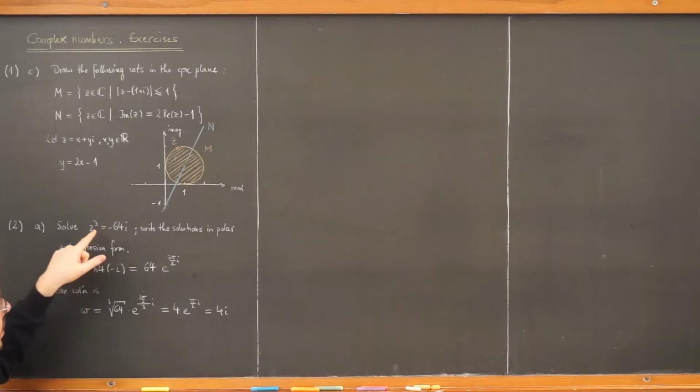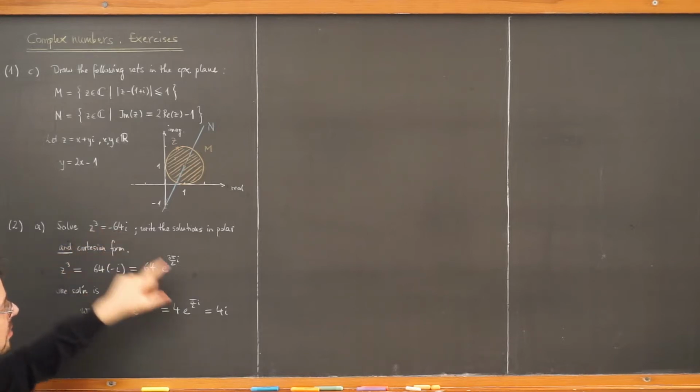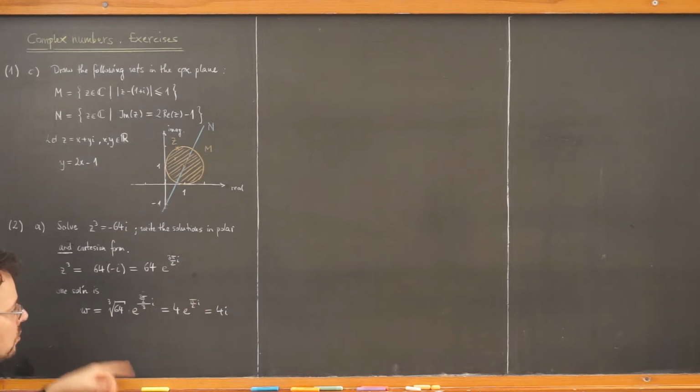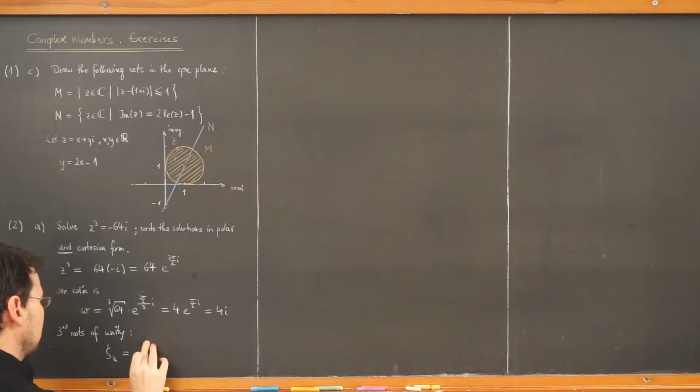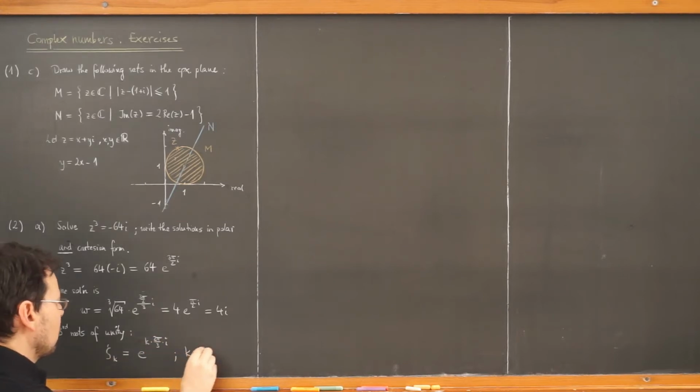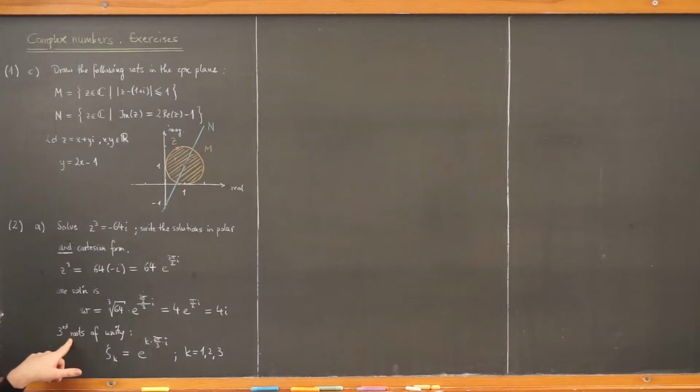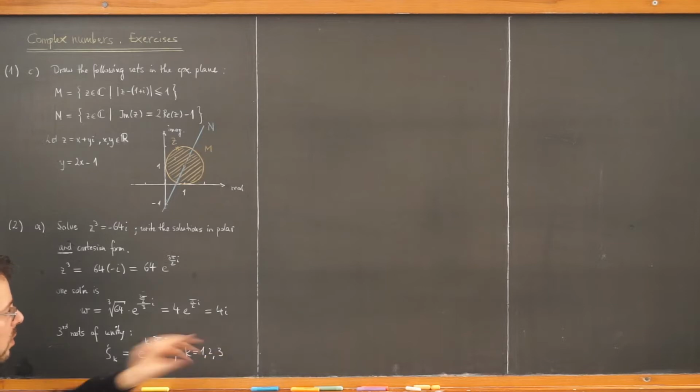And now it's always the same trick with equations like this. You simply multiply this one solution with all the 3 roots of unity. So the third roots of unity, in German die dritten Einheitswurzeln, are zeta sub k. You simply take 2 pi divided by 3, this number here, and then you multiply it by 1, 2 or 3.